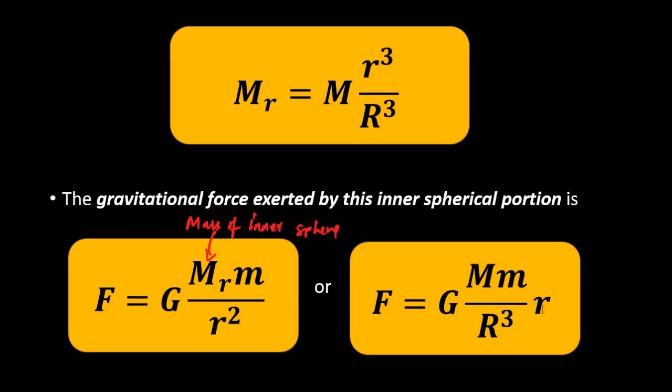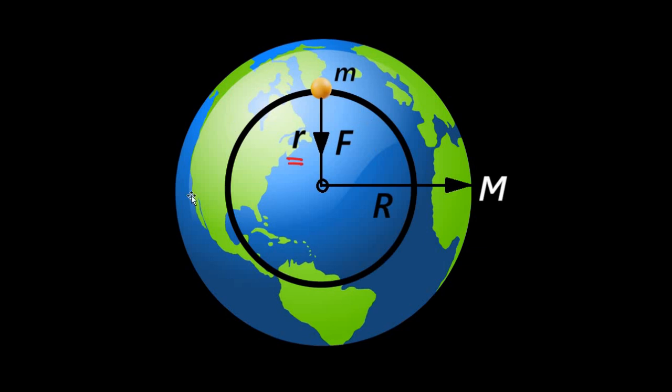This is the gravitational force acting on the point mass small m because of this inner sphere, because the point mass is buried inside Earth and it is at a distance small r away from the center. This force is also a central force.